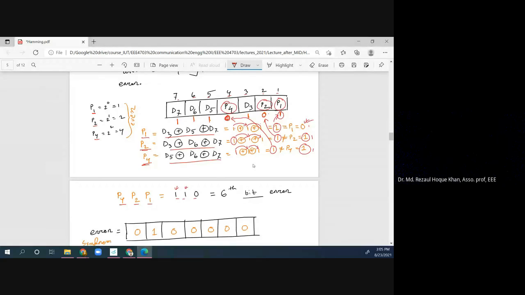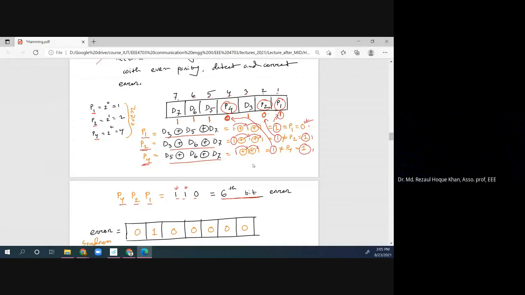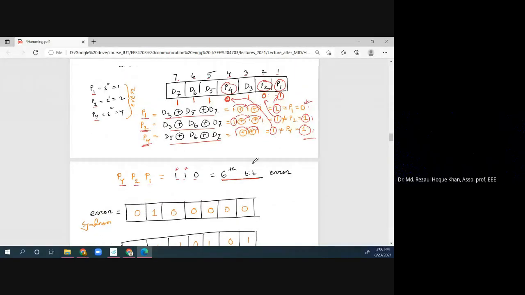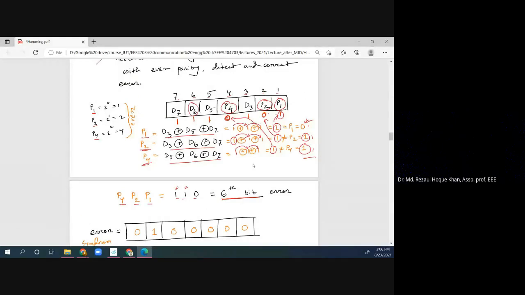So the 6th bit is in error. That's why our calculation does not match up. So we can find that the 6th bit is in error. Which one is the 6th bit? This one. The 6th bit is 1. This guy was in error.